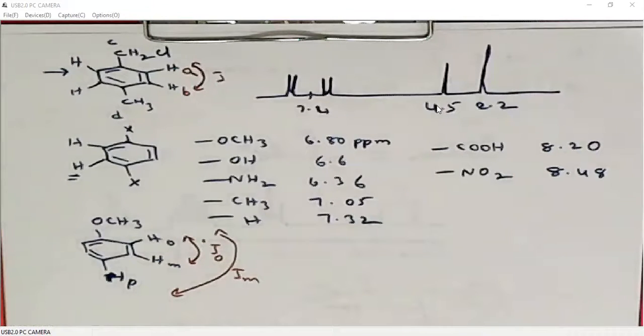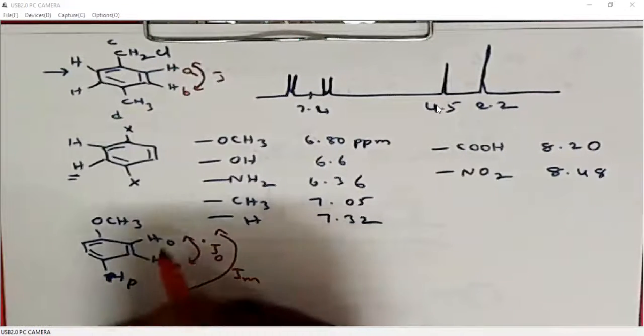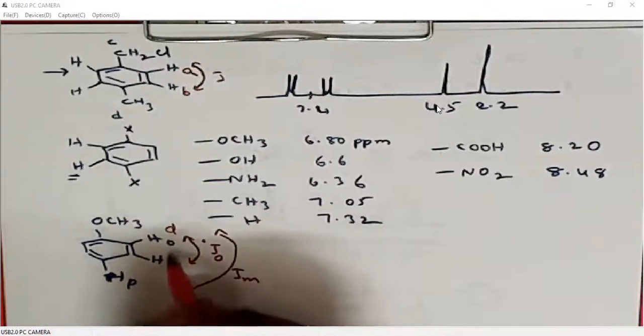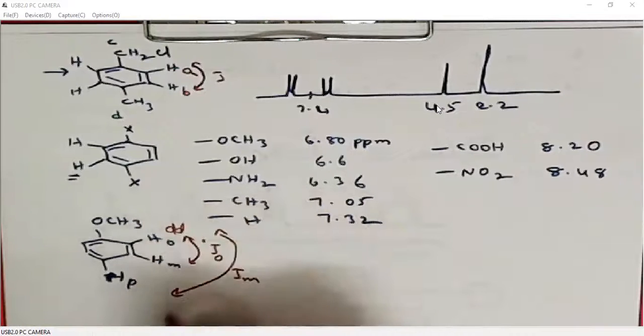So there are two possibilities here. Then how does the spectrum look? This gives a doublet if it has only ortho coupling. If it has meta coupling also, then it appears as a doublet of doublet.